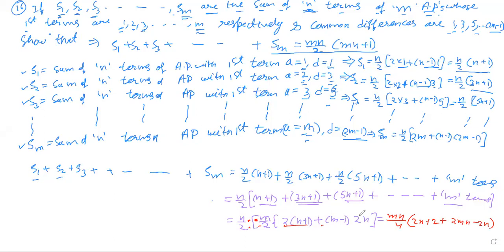This 2n and 2n will be cancelled out, and we get the right hand side, mn by 4 into 2mn plus 2. Now further, if we take 2 common, 2 will be cancelled out, 2 twos are 4 in the denominator, into mn plus 1 when we take 2 common from this.